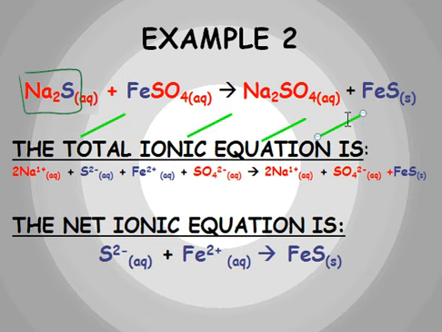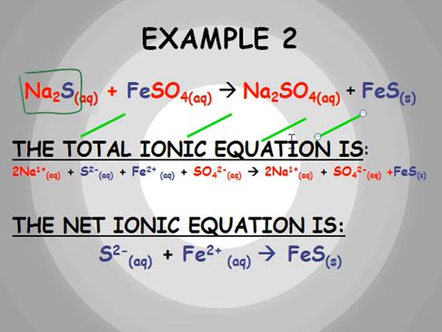Sulfide is S2 negative. You have iron. It tells us in the name that it's iron 2, so we know it's Fe2 positive. And we have the sulfate ion, and that is SO4 2 negative.